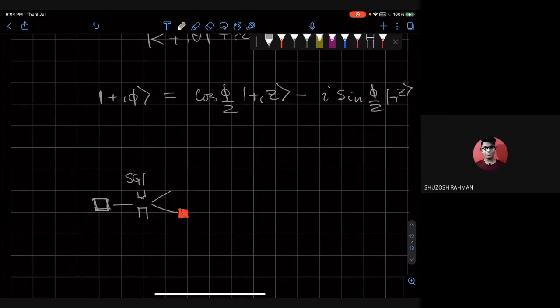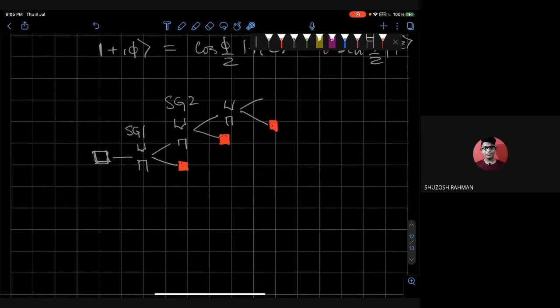Then we have another Stern-Gerlach, SG2, and we are blocking this thing. And then another Stern-Gerlach comes out like that, and we're blocking this. Okay, so now we want to relate. We have related the state of this guy in terms of these two guys, but we now want to express this in terms of this.